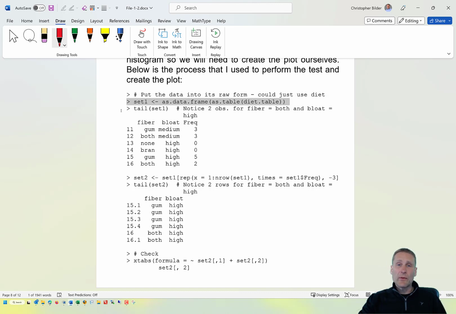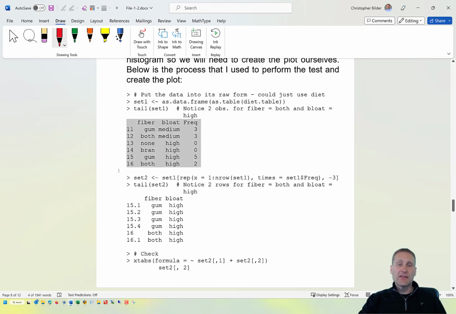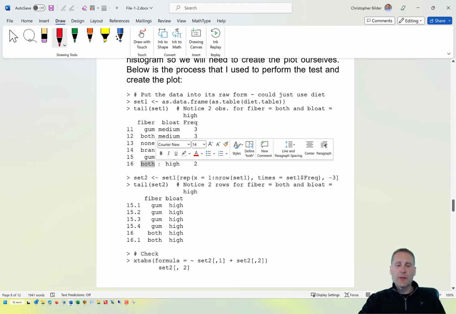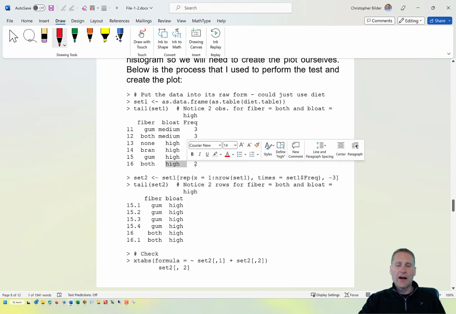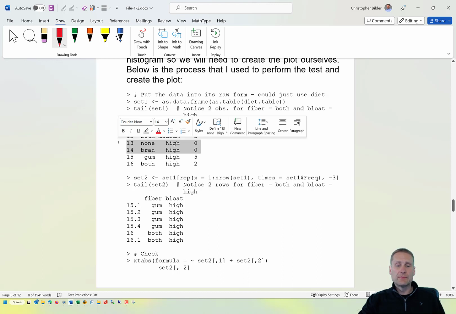So similar to what we've seen before, I can use as.data.frame and as.table together. Put the results into set 1. And here is the last 6 values in my new data frame. So for example, for fiber both, bloat high, I had 2 observations. Notice I have some cases where there are zeros as well.